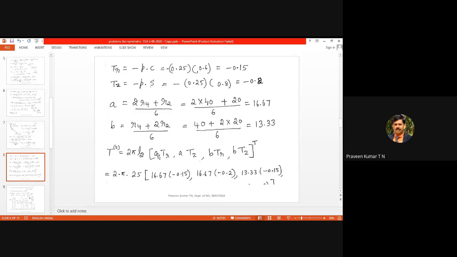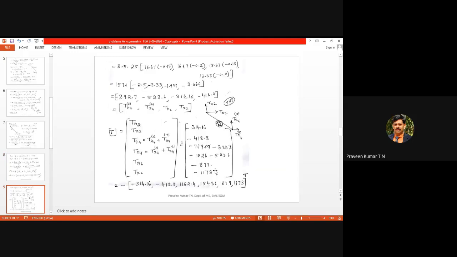So for edge 4-2, whatever values you have calculated, you have to substitute them, and finally you get the traction force for edge 2 or edge 4-2. So this is the traction force, and the traction force again for edge 2 is at node 4.